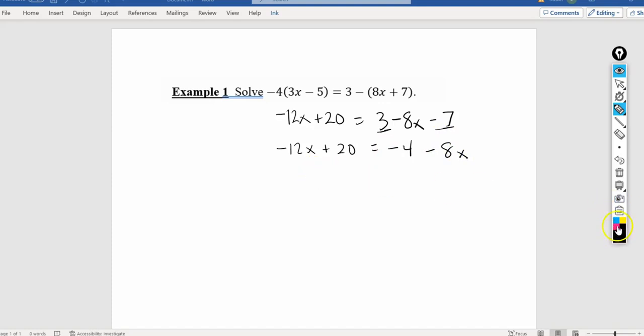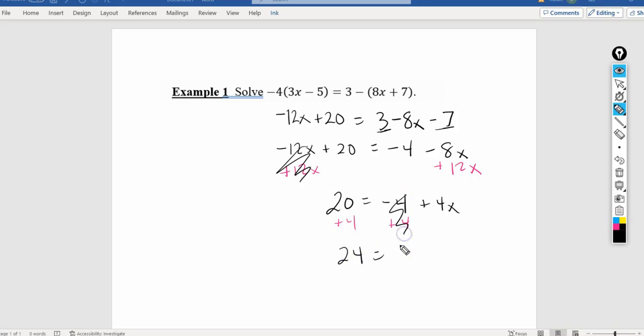And then what I'll probably do is I want to get all of my x's on one side. So let's add 12x to both sides. If I do that, then I'm left with 20 is equal to -4. And 12x minus 8x is 4x. And then let's add 4 to both sides.